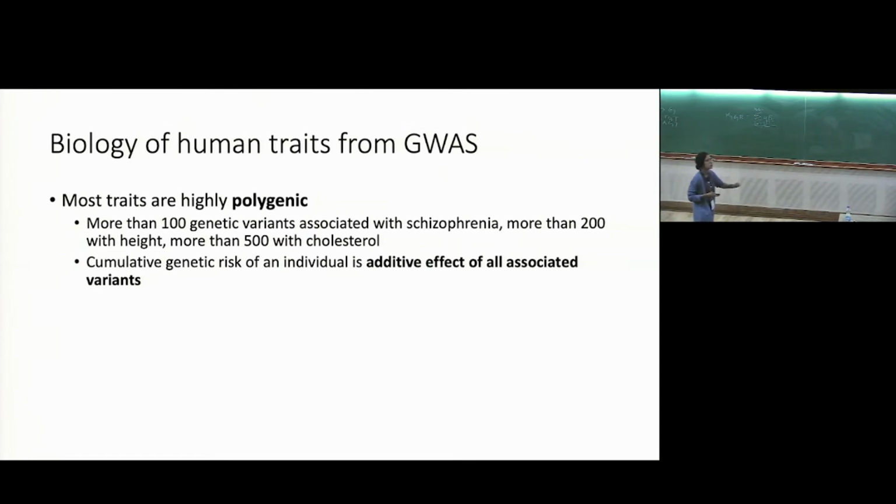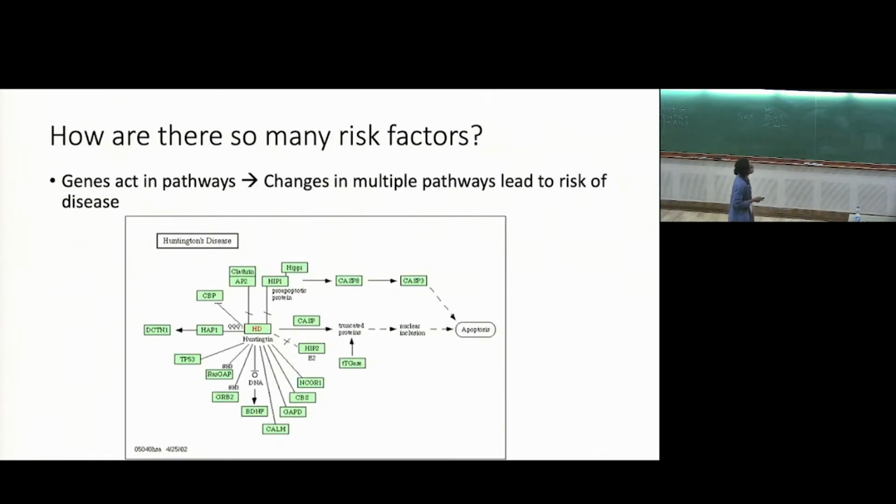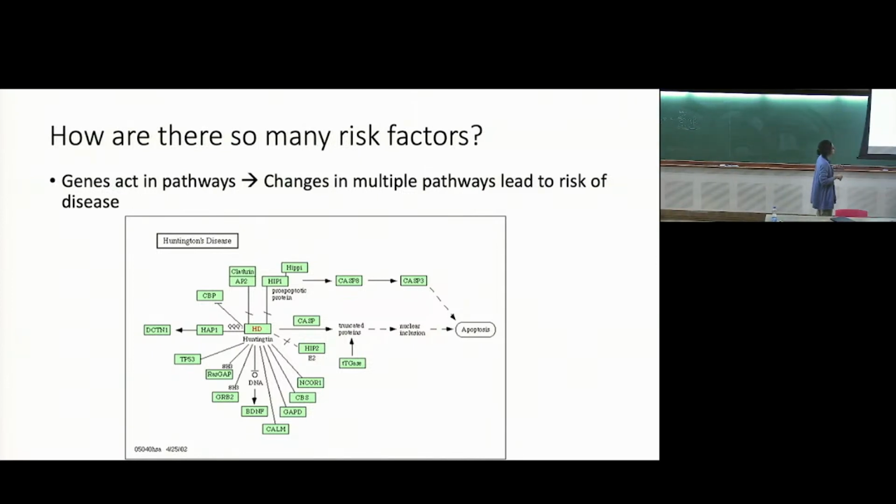And some might say, okay, well, we always knew traits were polygenic. But how are there so many risk factors? How do we connect this to biology, to what's actually going on in the cell? What we think is going on is that your phenotype has many, many genes acting upstream of it. A genetic change at any step of this pathway, which are often really complex, can lead to a change in the phenotype.